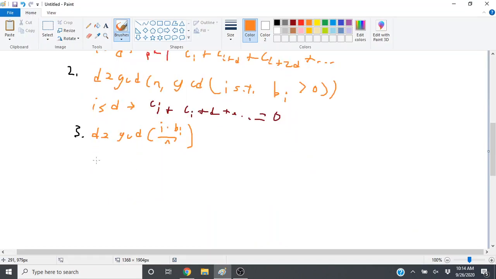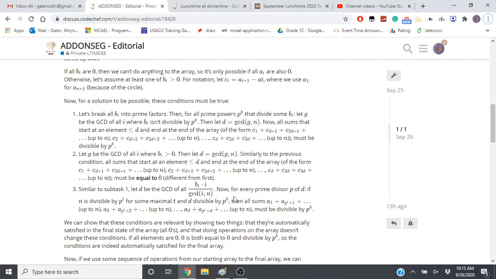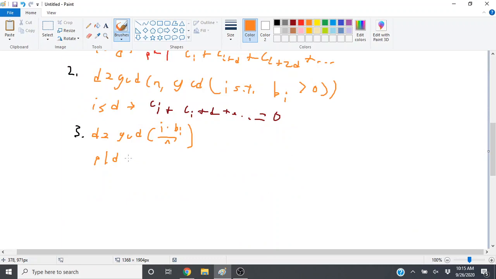Okay, now for all prime divisors p of d, not specifically prime powers, say n is divisible by p to the t for some maximal t, and d is divisible by p to the k.